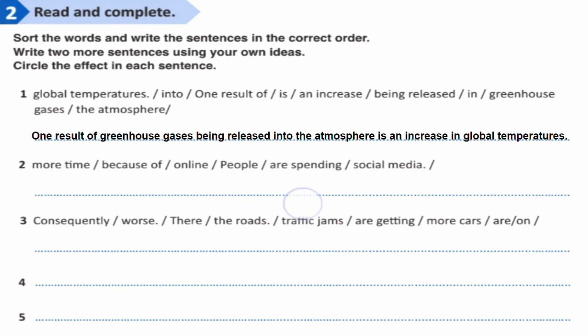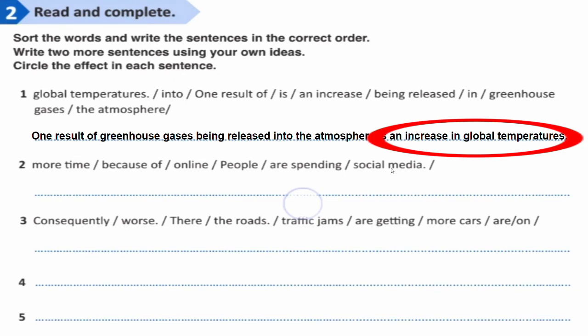One result of greenhouse gases being released into the atmosphere is an increase in global temperature. What is the effect in this sentence? Good. An increase in global temperature.